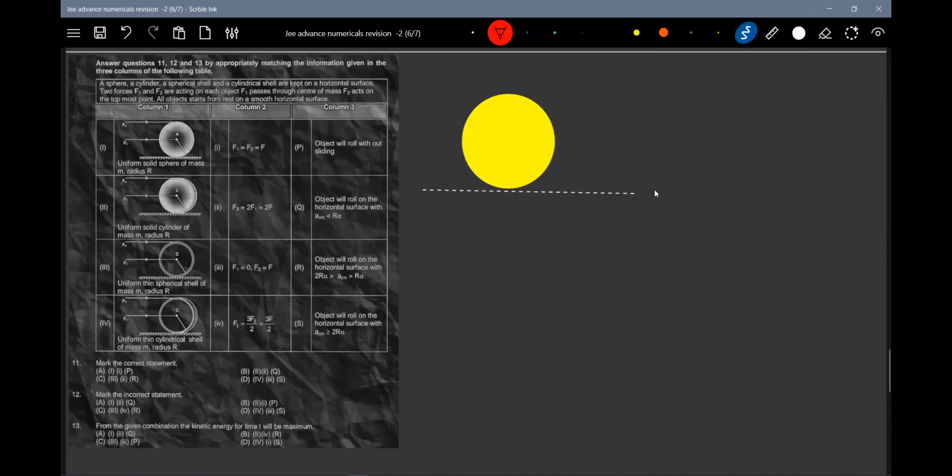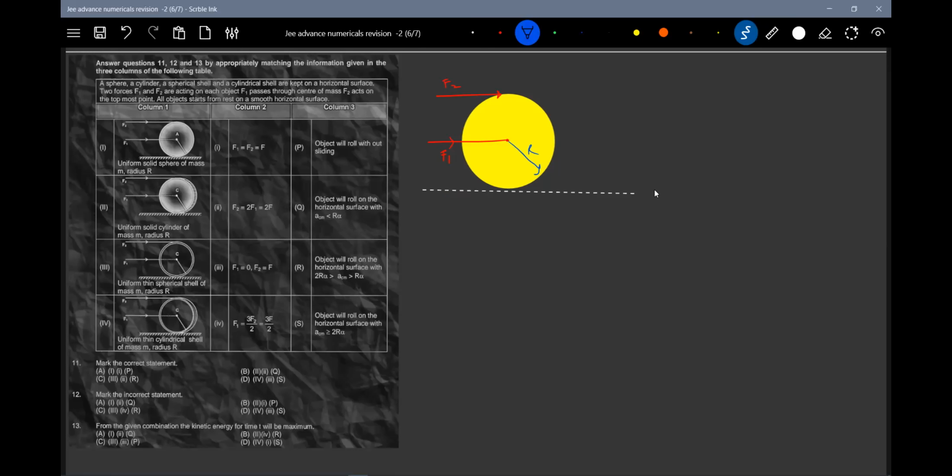One of the forces is acting at F2. The other force is passing through center of mass. Then how the friction will act, can we say anything about it? It's a generalized one.